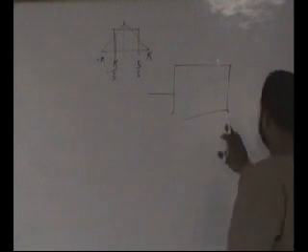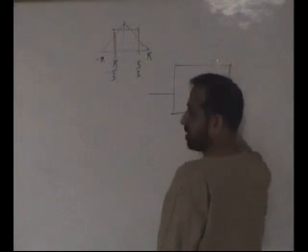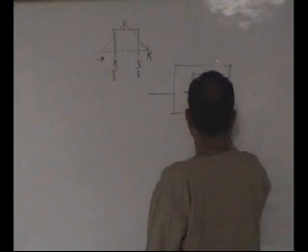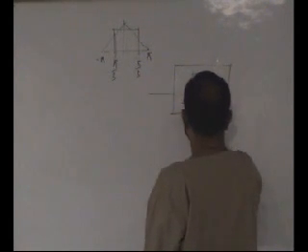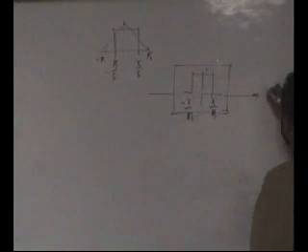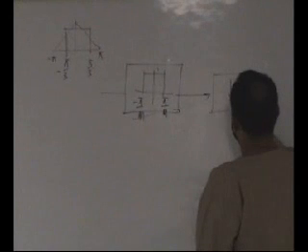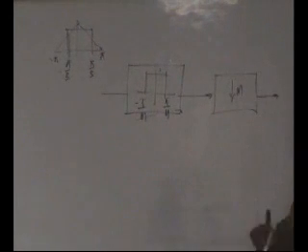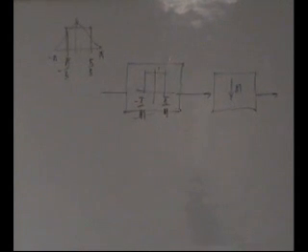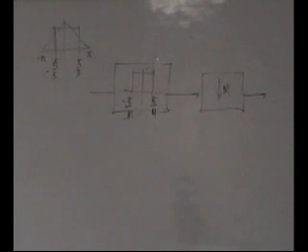So the first thing you do while decimating a signal is pass it through a pi over M filter, and then you throw away samples. Out of M samples you keep one and throw away M minus 1, keep one, throw away M minus 1.